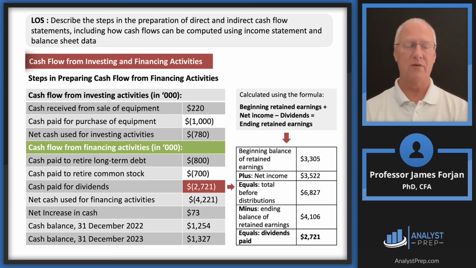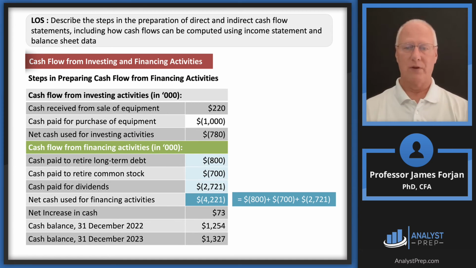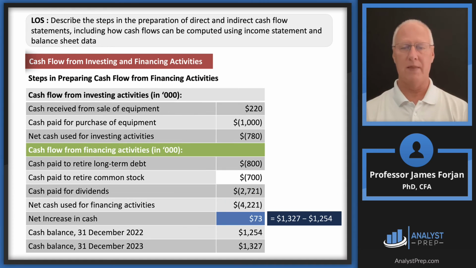Cash paid for dividends. So we need to kind of work backwards into what I was saying earlier. And there's the equation up there. So 3305, add that net income, subtract out the ending retained earnings, and you get the 2721. And so if you do all that stuff there, you get 4221, and there's the net increase in cash.